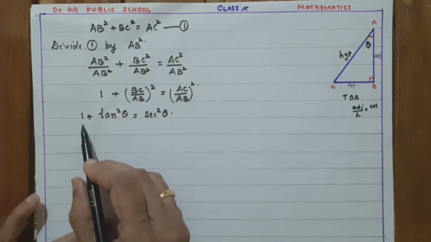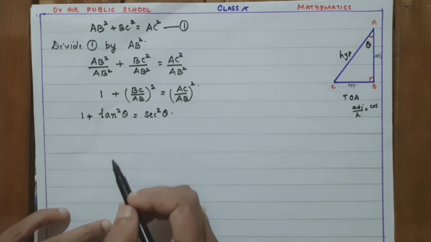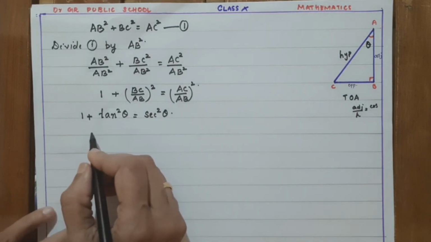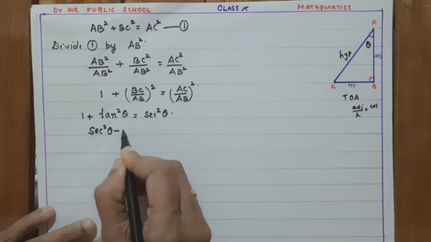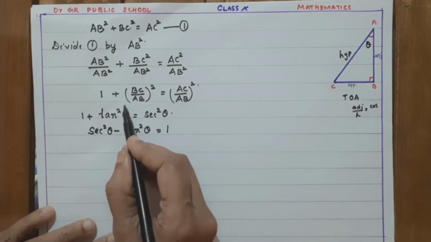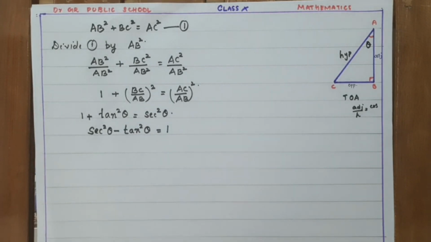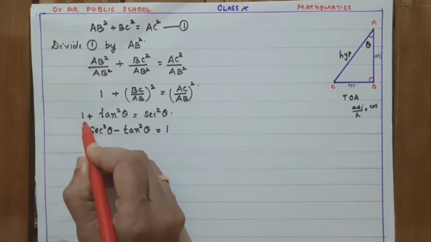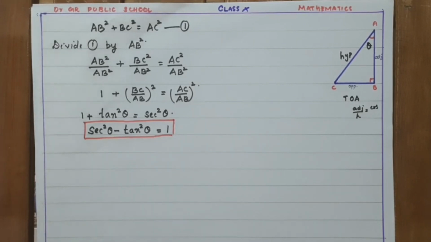Okay, children. So we got 1 plus tan square theta is equal to sec square theta. And rearranging, we are getting sec square theta minus tan square theta equal to 1. We have taken this tan square to this side. Sec square theta minus tan square theta equal to 1. That is the next identity. So the second identity is sec square theta minus tan square theta equal to 1.